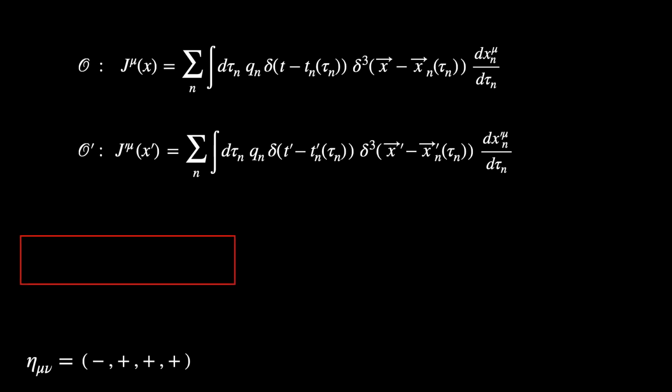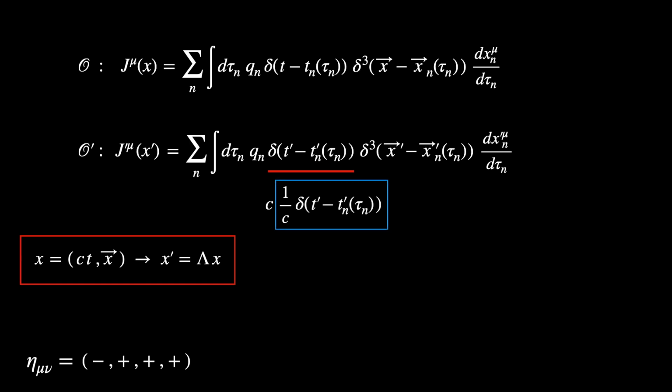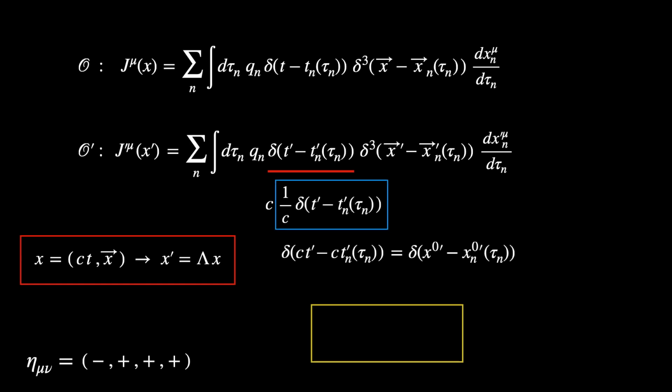The primed system is related to the unprimed system by the Lorentz transformation lambda. Of course, all the proper times remain unchanged. Let's work out if these two are related by the correct transformation rule. First, let's write this time component delta function as an x0 delta function, by using the scaling property of the delta function in the yellow box.